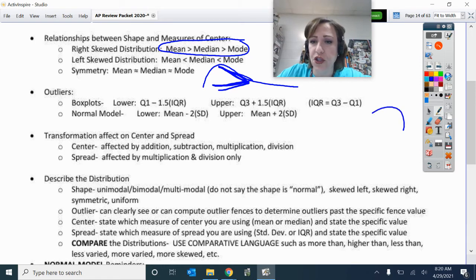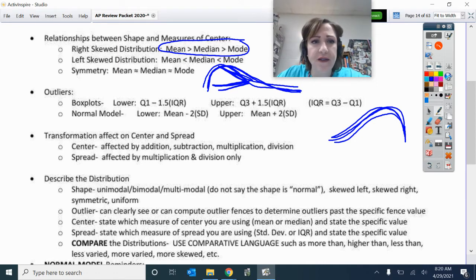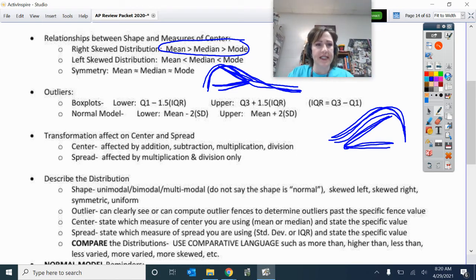And then, of course, for skewed left, like looking down at your left foot, remember the shape? Skewed right is like looking down at your right foot. But for skewed left, your mean is less than the median, which is less than the mode. Okay, for symmetry, they're about the same.